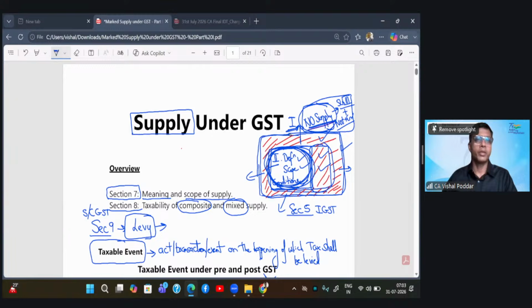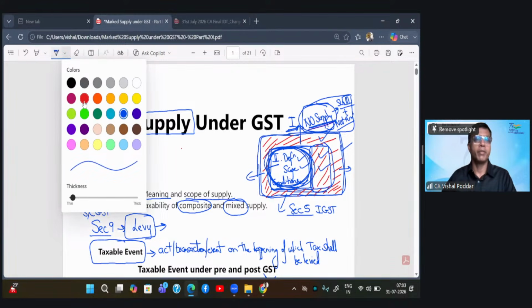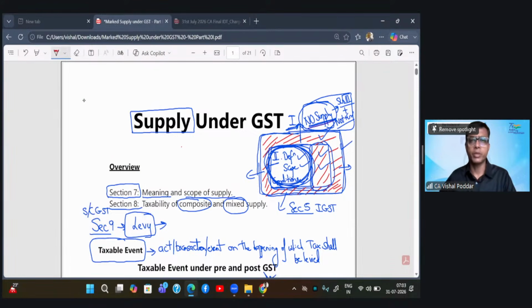Now, after you have identified and removed those items, removed in the sense that now you will not treat these items as a supply, what is left, the inner box, represents the remaining commercial transactions other than those which are part of no supply.